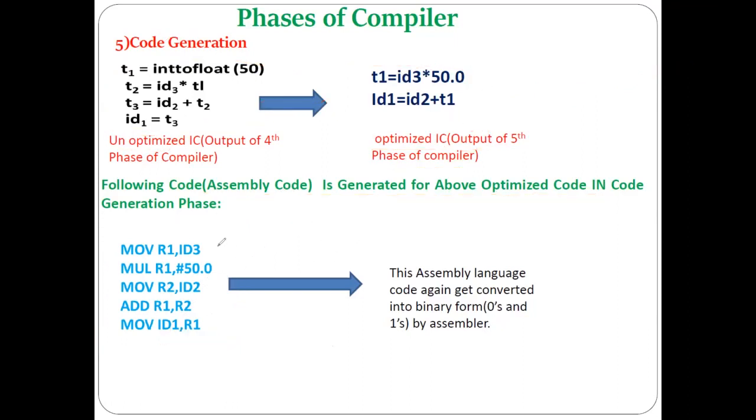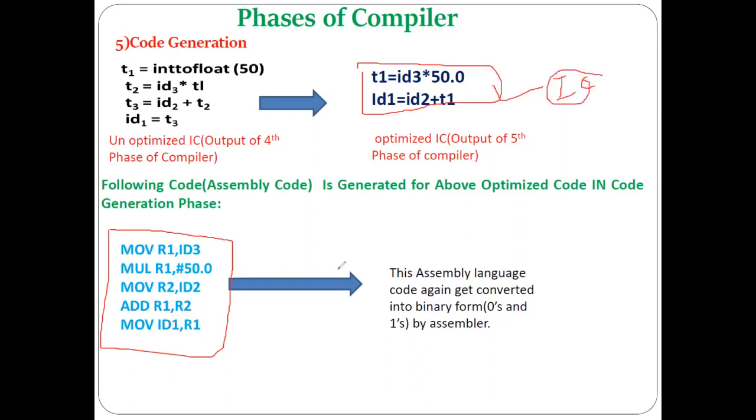But just for understanding purposes, for this intermediate code we are considering this as machine language code, so that you can understand how the instructions will be selected. So for this intermediate code, the machine language code in the form of assembly code will be generated.